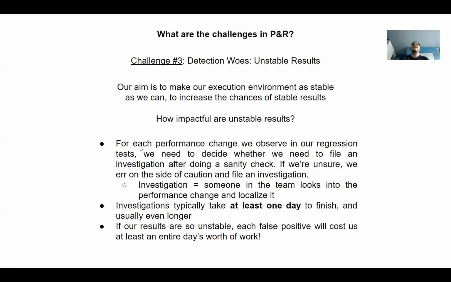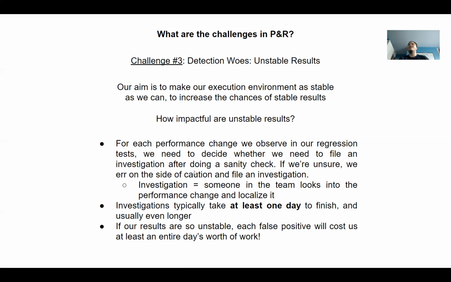Just to give you a sense of how impactful unstable results are: for each performance change that we observe, first of all, we need to do a sanity check to see whether we think it's an actual performance regression. And if that sanity check passes, then we need to file an investigation. And a lot of the times we have to err on the side of caution, right?